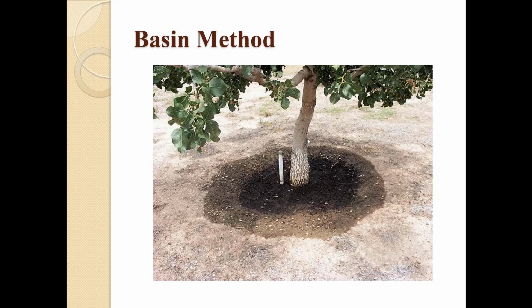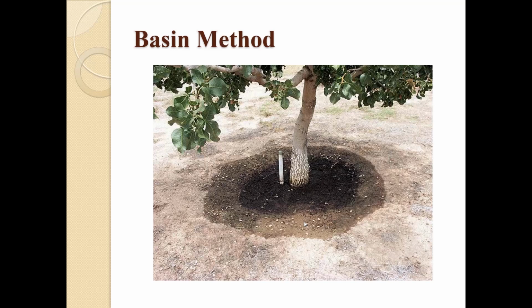This is the basin method. So we all are familiar with this kind of method. Where the trees or plants are placed at a slight distance from each other, there we can apply this method. A basin has been formed at the ground level so that the basin can be flooded with the water as per the requirement.